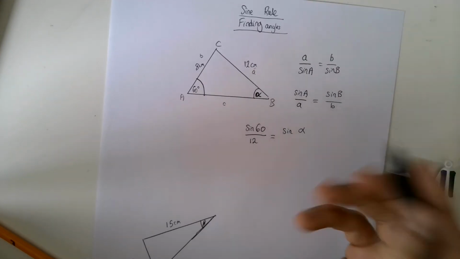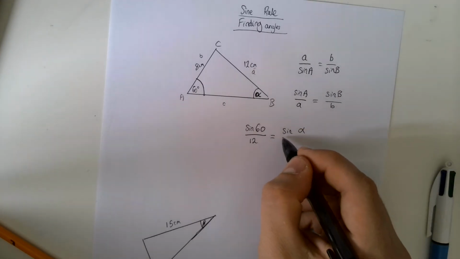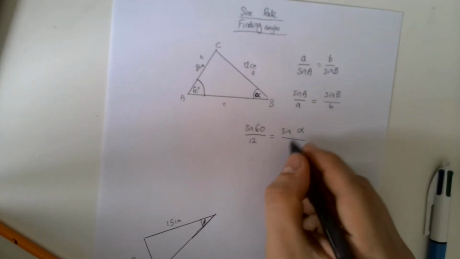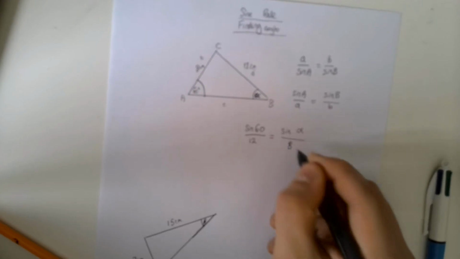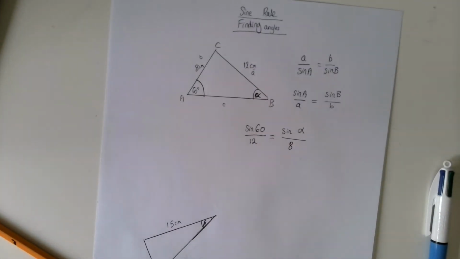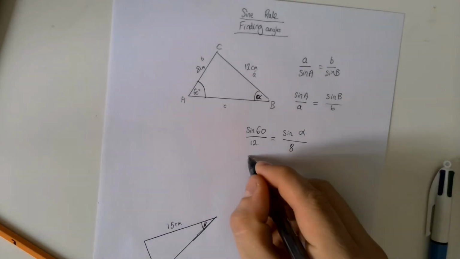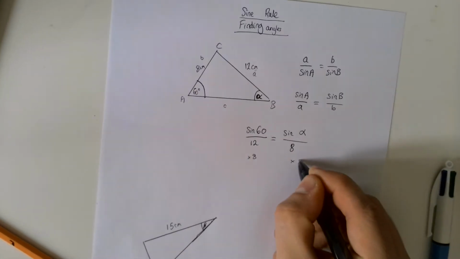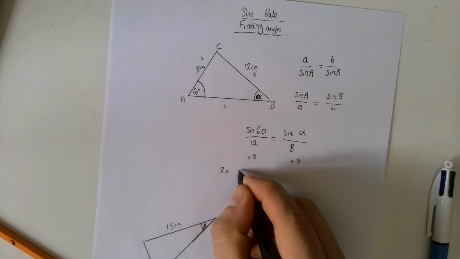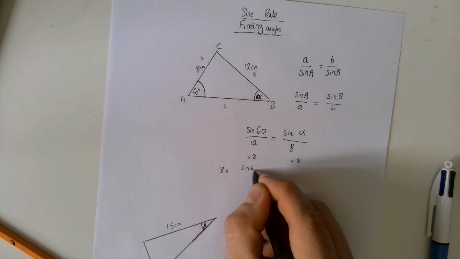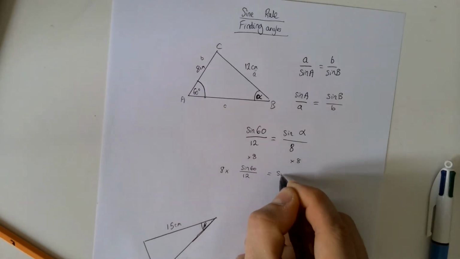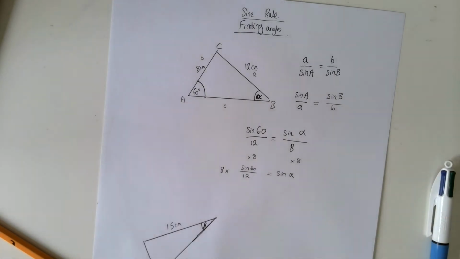We could have used X, Y, or Z, but a lot of the time questions will use Greek letters, divided by side B. B is 8 centimetres. So I can do that rearrangement. Multiply both sides by 8, not touching my calculator yet, you get that 8 multiplied by sine 60 over 12 is equal to sine alpha.